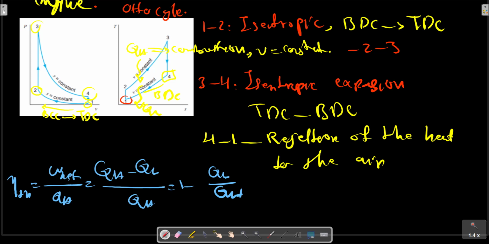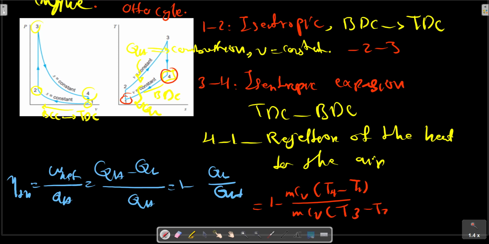And for an ideal gas, eta equals, with M Cv at constant volume, T4 minus T1 for this process QL, and M Cv T3 minus T2 for this process QH.